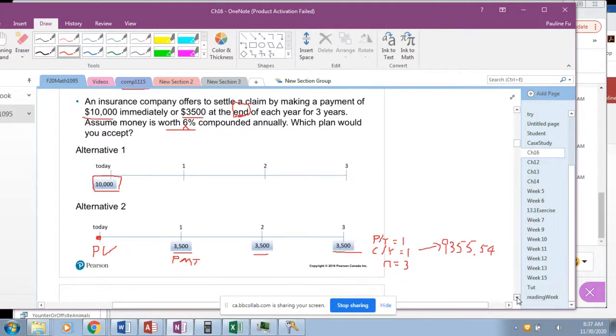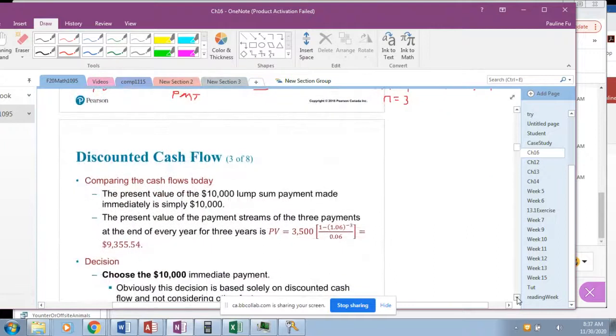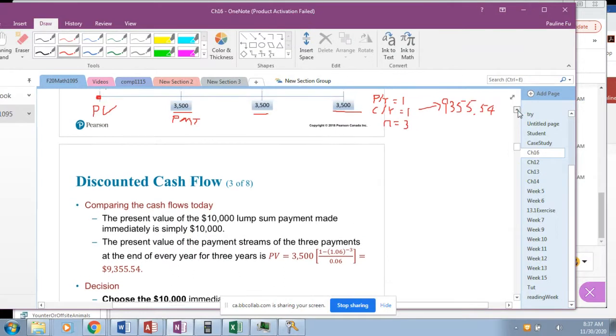And you can also use the formula. This is the formula for annuity, and I'll write it down here so that you can compare.